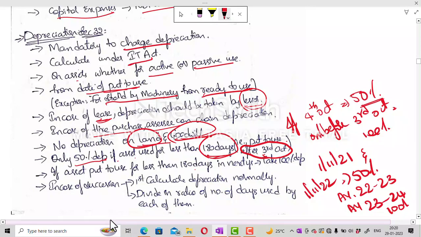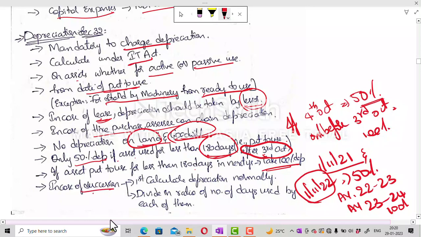If the asset is put to use for less than 180 days in the next year, take 100% deduction. Here this year they have purchased, and if this year they put it to use for less than 180 days, then also we need to take 100% deduction for depreciation.